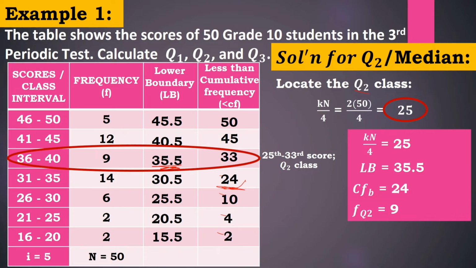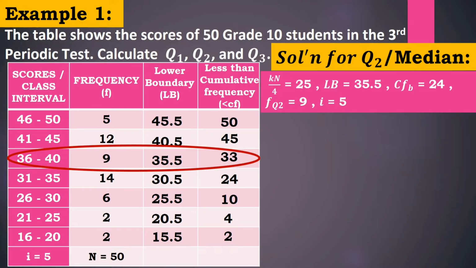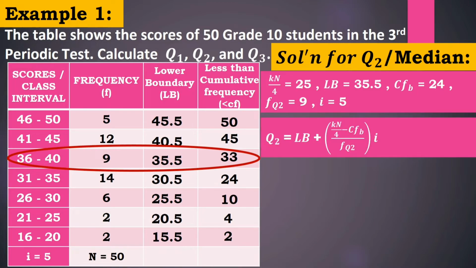Then, frequency of Q sub 2 class is 9. And the size of the class interval is 5. Then, apply the formula. Q sub 2 equals lower boundary plus the quantity Kn over 4 minus CF sub B all over F sub Q sub 2 times I.